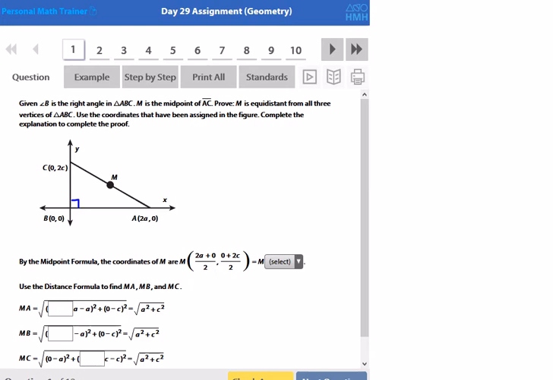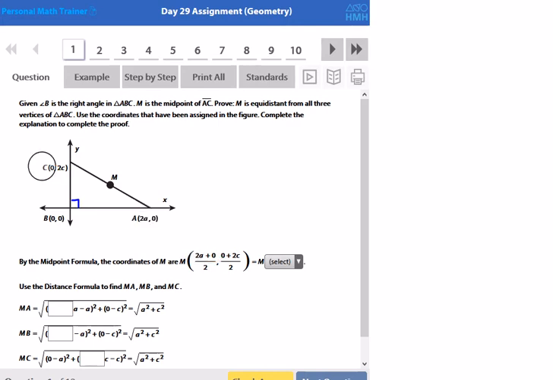So the midpoint formula, the coordinates of M are 2a plus 0 over 2. So let's see. For M, we're adding the x's, which are 0 and 2a, so that's where they got 2a plus 0 divided by 2.